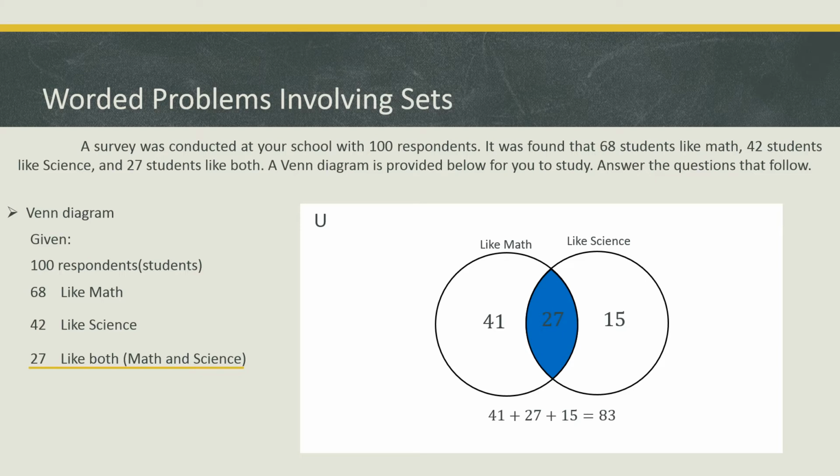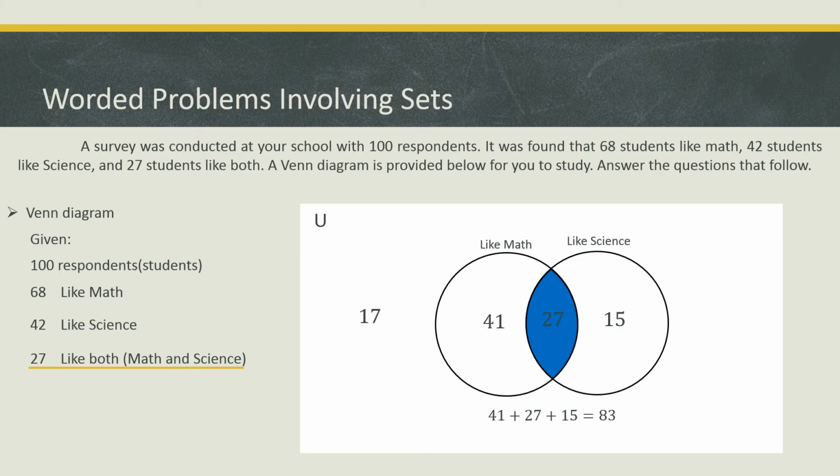Now, the question: Sir, why is it not 100? Why 83? Don't panic, because you can put 17 outside of your circles. Meaning, 17 of the students do not like math and also do not like science. Okay? Maybe these 17 students like recess. Or maybe they like English, Araling Panlipunan, okay?